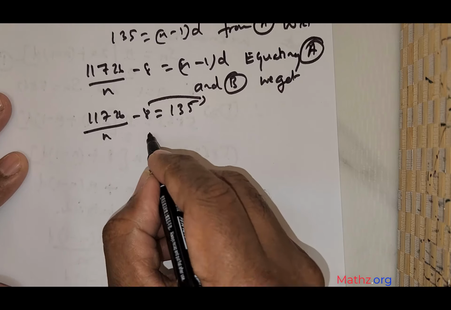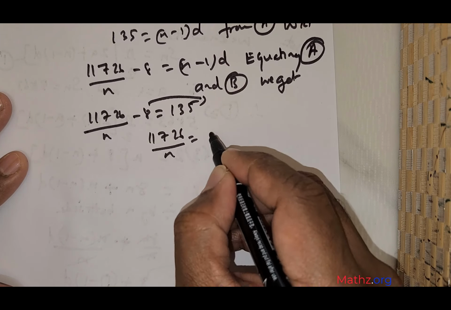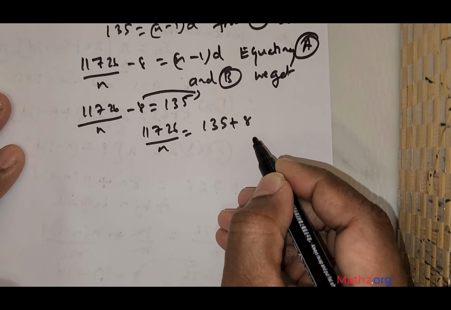Move this to the other side: 11726 over n is equal to 135 plus 8.